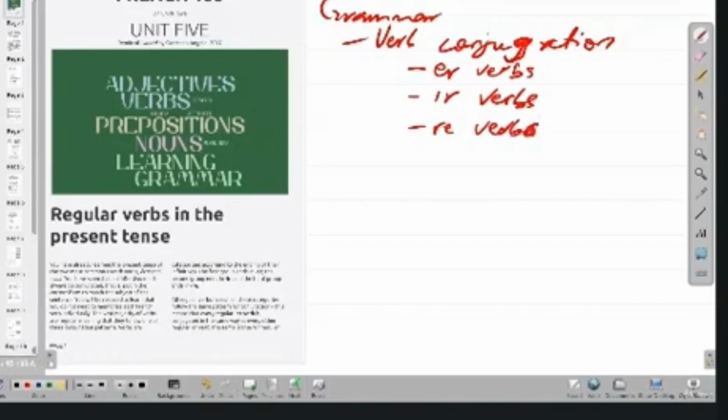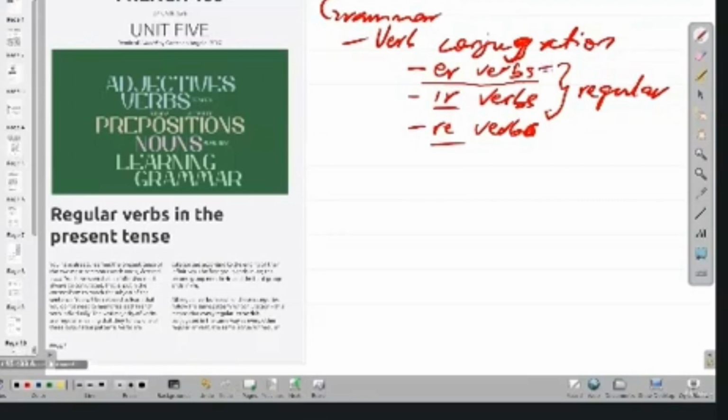Our main objective is to focus primarily on ER verbs, but we're going to touch briefly on IR verbs and RE verbs, and then give you enough foundation to be able to attack this in future French courses. So we'll be looking at regular verbs in these categories. Most ER verbs are regular verbs, you know. So we're looking at regular ER, IR, and RE verbs.